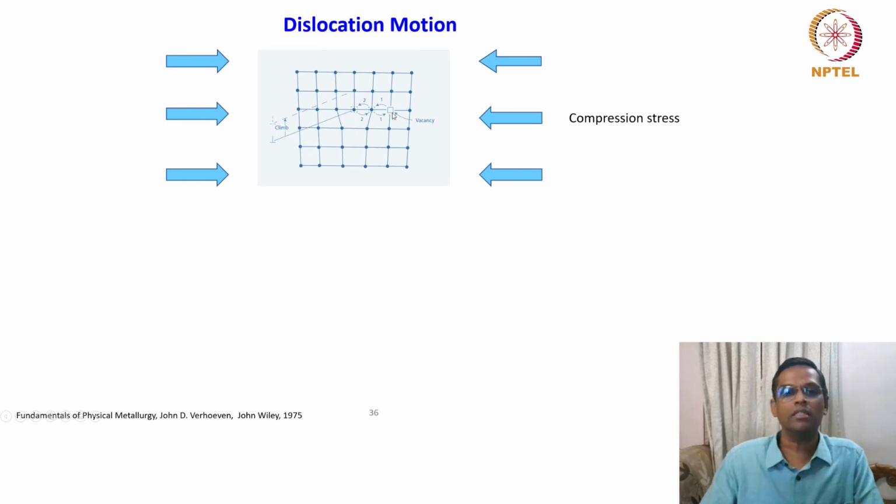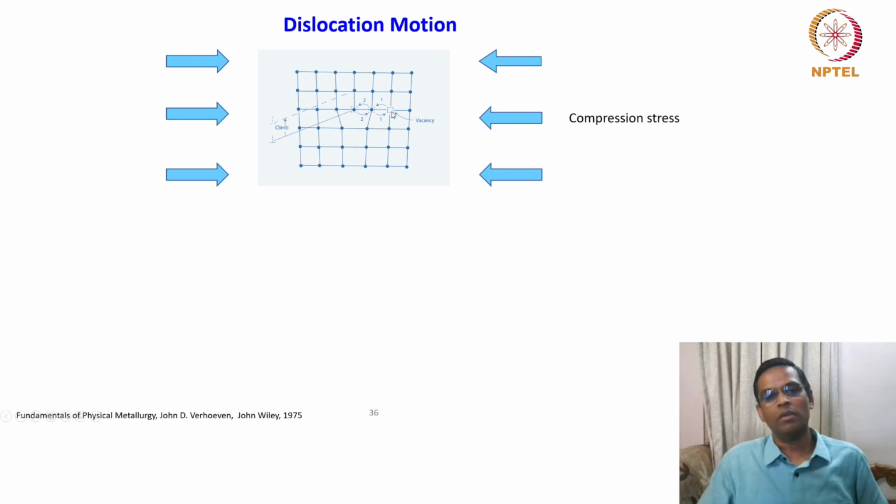If the vacancies are attracted by this compressive or tensile force, or a vacancy moves here, then the atoms will go here and the extra half plane will become shorter. Normally in this situation, the compressive strain from both ends aids this kind of mechanism. That's what is shown here.